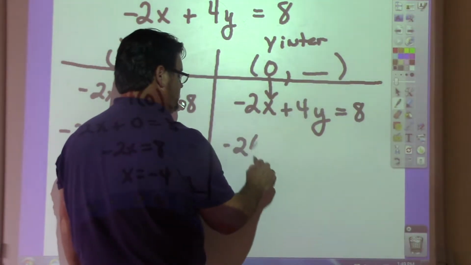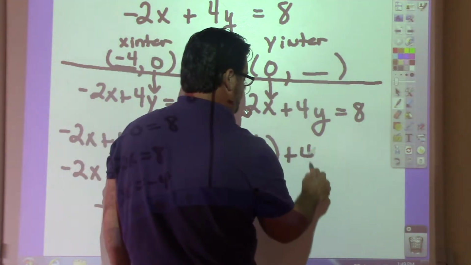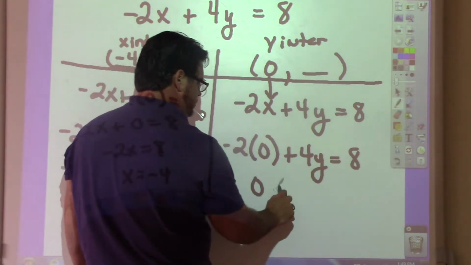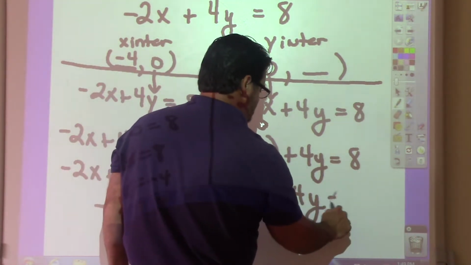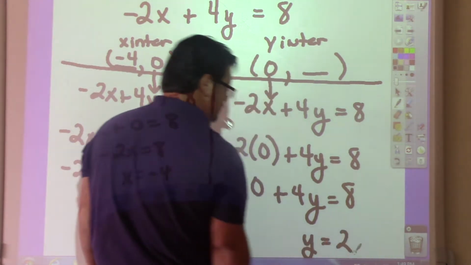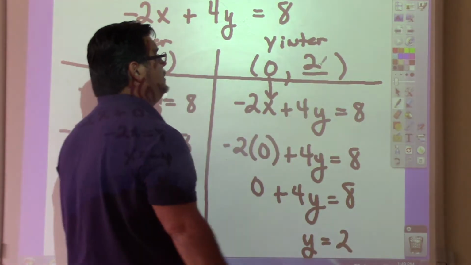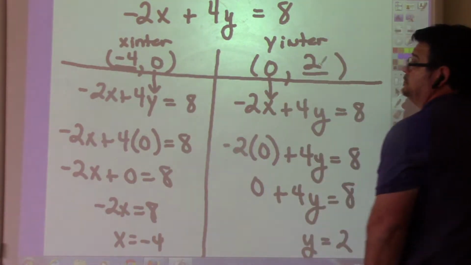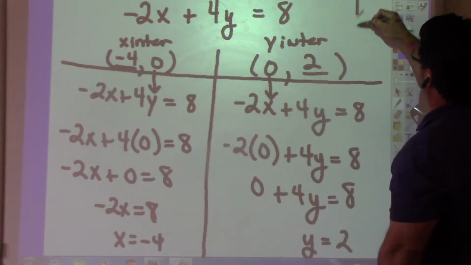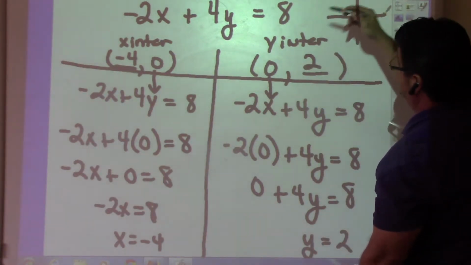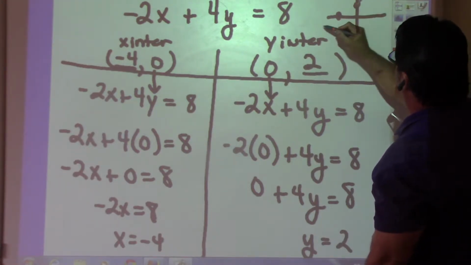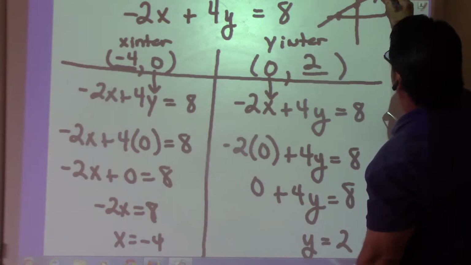Negative 2 times 0 plus 4y is equal to 8. 0 plus 4y is equal to 8. Y is equal to what? So negative 4 and 0 is the x-intercept. 2 and 0 is your y-intercept. Looks something like that.